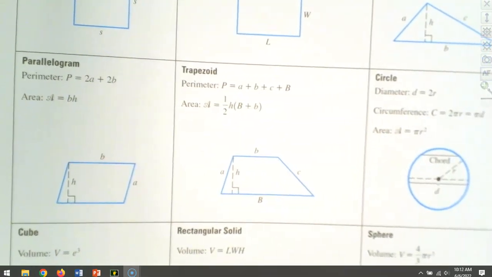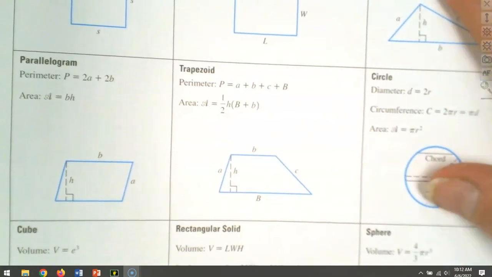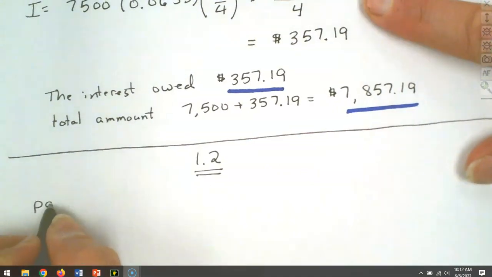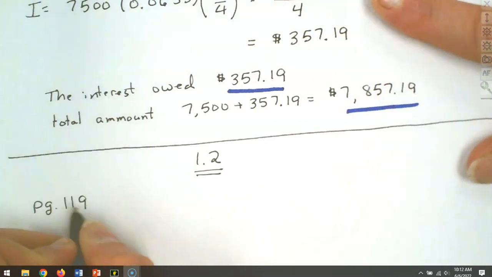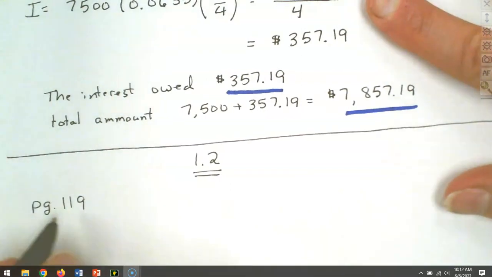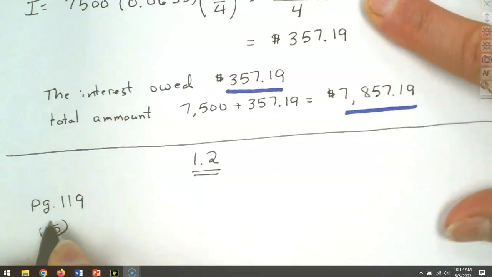Every type of geometric figure that we encounter, the formulas are here for it. If you have your textbook, you can turn to page 119. If you don't, that's fine too, because I'll put it up on the screen. And we're going to begin with question 15.